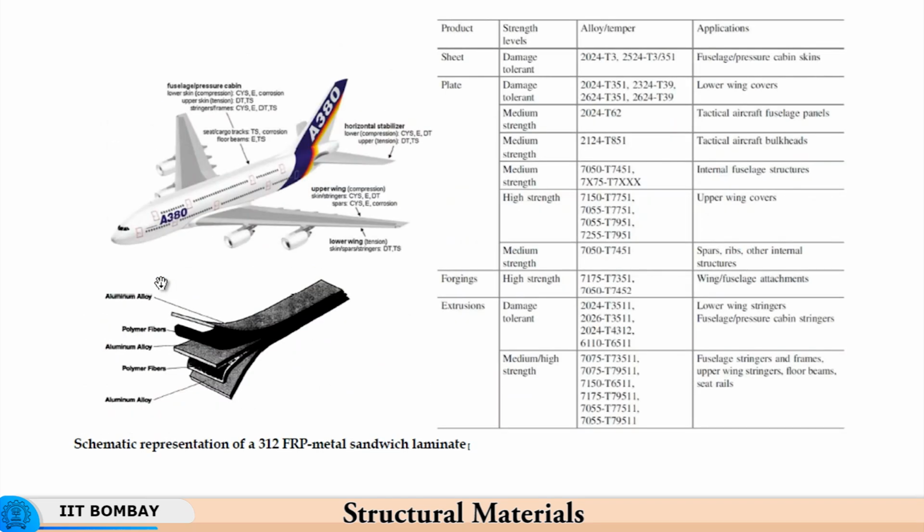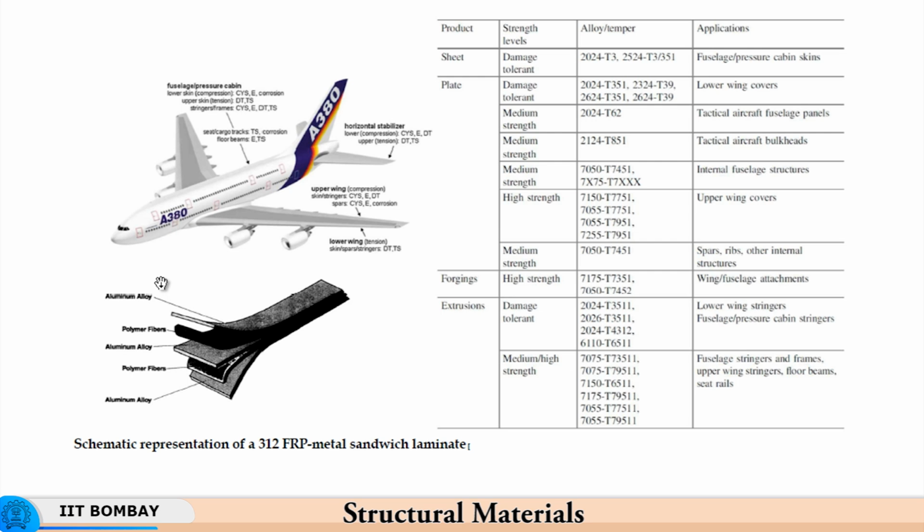So the structure of the composites is shown in relative detail here. So you have aluminum alloy and polymer fiber, layers of aluminum alloy alternating with polymer fibers. So this enables you to enhance the strength while making the overall composite much lighter.